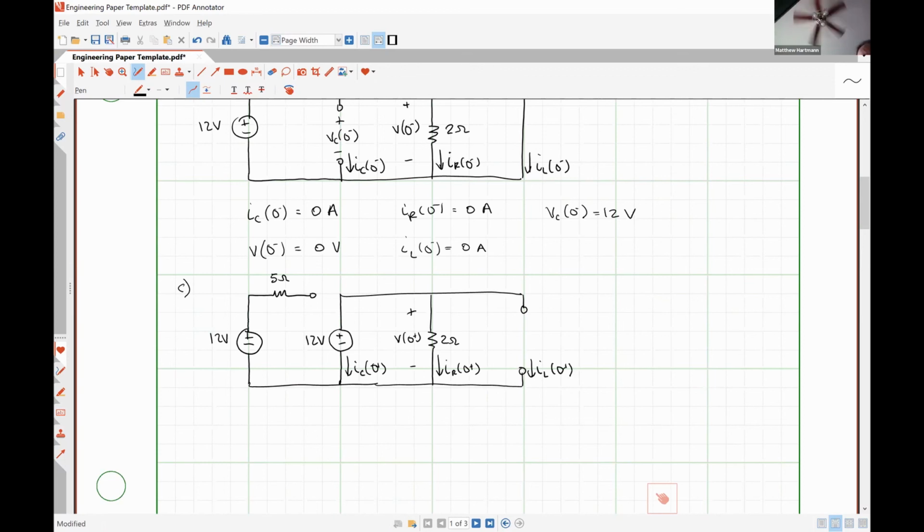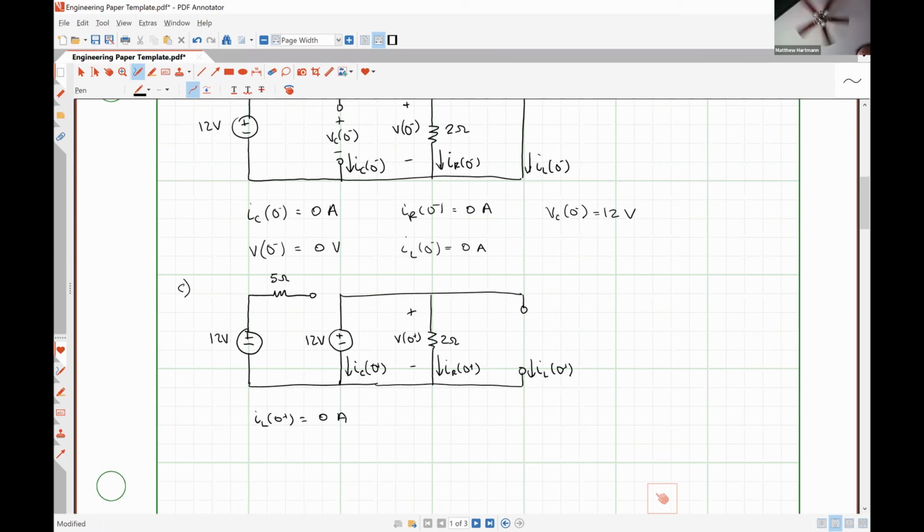All right, so IL at 0 plus is going to be 0 amps. The current through an inductor cannot change abruptly. So whatever IL was at t equals 0 minus, it has to be the same at t equals 0 plus.